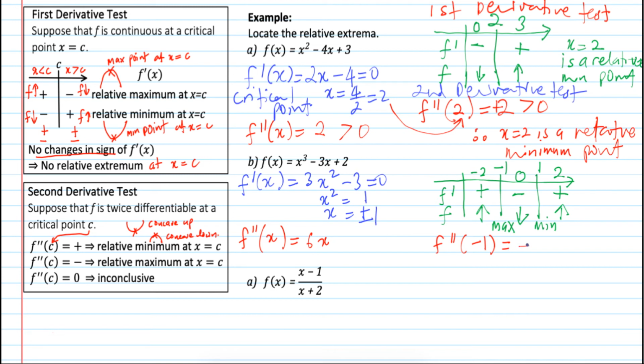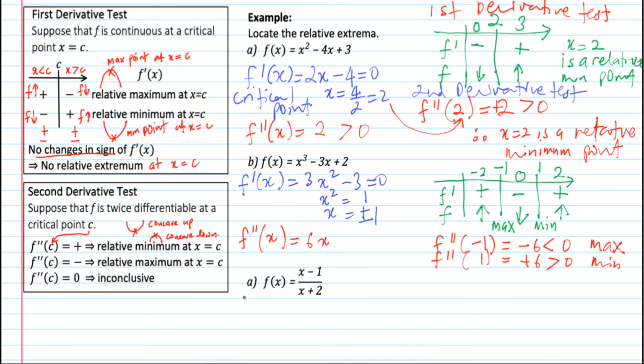This one is equal to minus 6, less than 0. Less than 0, according to this one, it is a maximum. And then, for this one, you substitute 1 into the second derivative, you get positive 6. This one is greater than 0. Greater than 0, relative min. So this is a minimum point. Minimum and maximum.